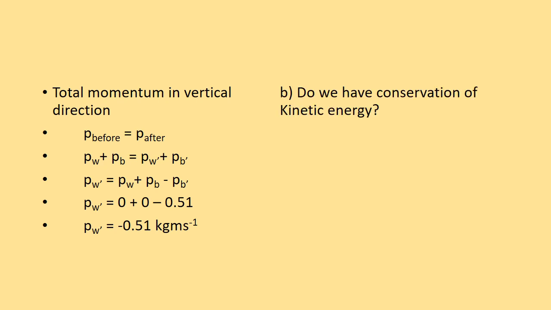Okay, so have we got conservation of kinetic energy? Let's have a look. We always have conservation of momentum. That's a fundamental law of the universe. We can't change that. However, we've now calculated the momentum of the white ball, so have a look at the kinetic energy.